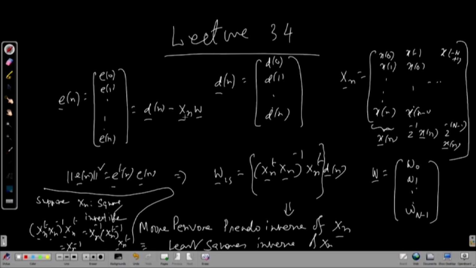And solution will be just Xn inverse Dn, whole error is 0 because Xn is full rank. So, there is a unique solution Xnw equal to Dn, in which case error will be 0, minimum, so norm square will be 0, there is a minimum norm square achievable, and that is the optimal solution, right. So, this boils down to ordinary inverse when this matrix is square and invertible, but not otherwise. All right, this is a very famous thing.